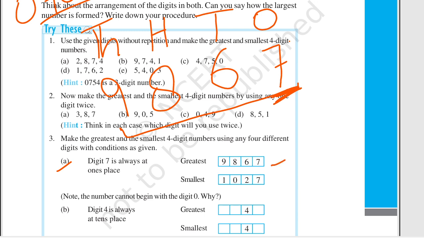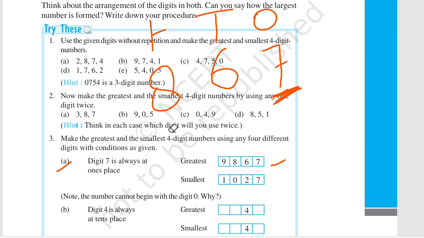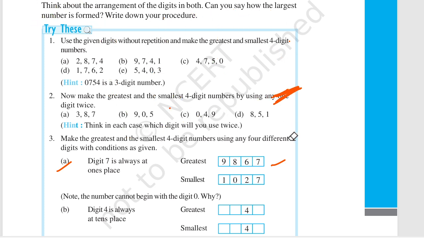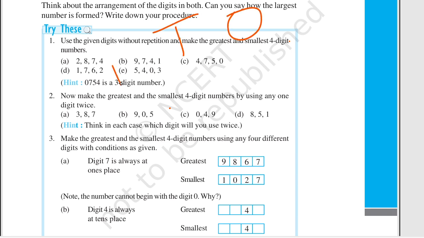Now, if we have to make the smallest number, and 7 is always at the ones place, means 7 will be there in the ones place only. So I will write 7 at the ones place. Now we have to make the smallest number, so we have to check the smallest digit we have on the number line.